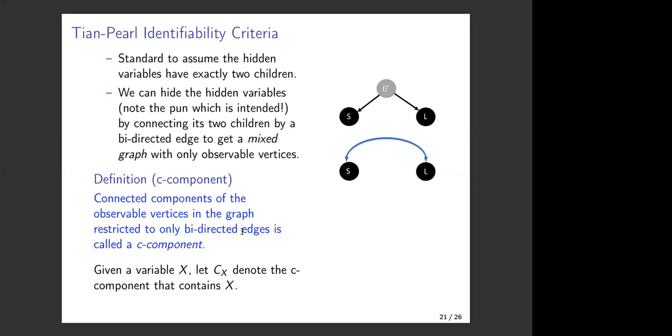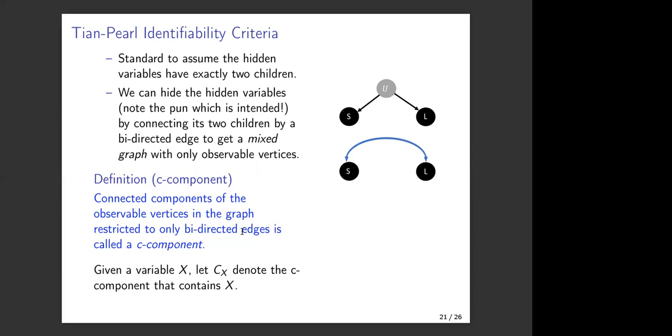This is one notion I need, and I think it's a very, very important notion; when I was trying to understand this, it played a key role. I will come back to it with an example, but that's a C-component. So we have a graph now where we have taken out unobserved variables or hidden variables and connected with bidirected edges.